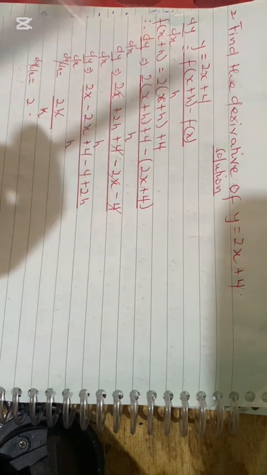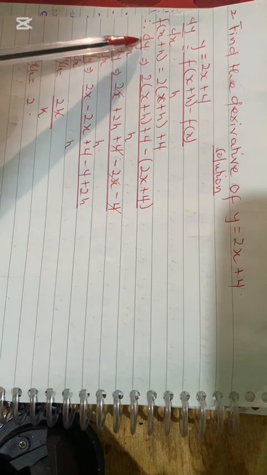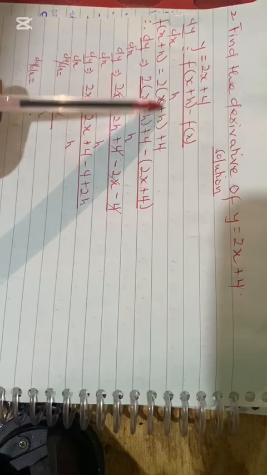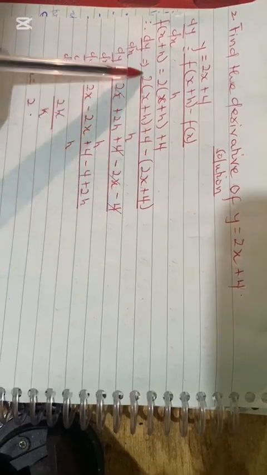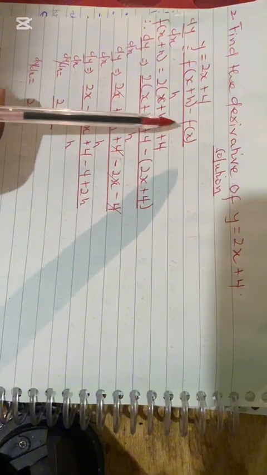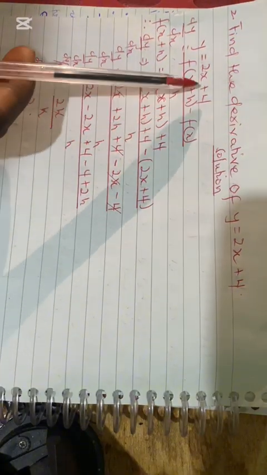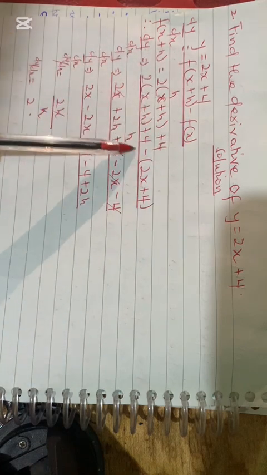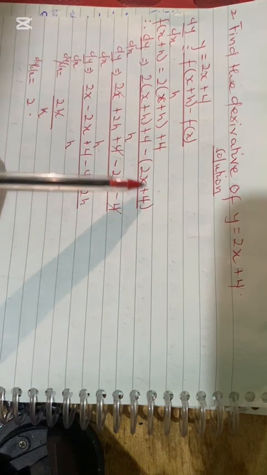Now let's substitute it into the formula. So dy/dx becomes f of x plus h, which is this, minus f of x. f of x is the same as the function that has been given to you, like I said earlier on. So minus 2x plus 4.